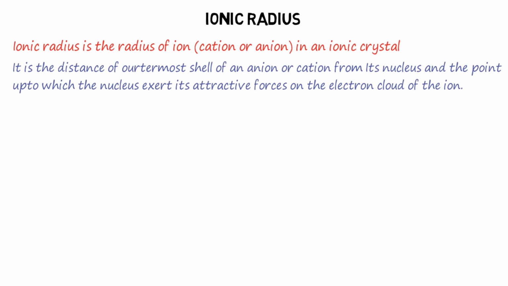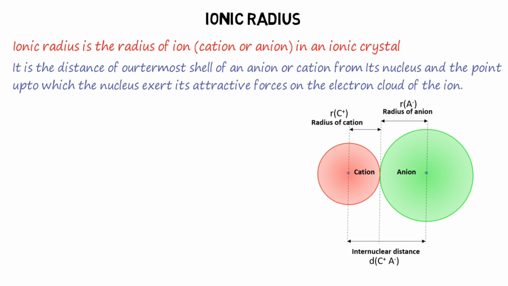If we assume that ions in an ionic crystal are hard spheres, then the internuclear distance between the nuclei of the cation and anion is equal to the sum of the radius of cation and that of anion. That is, dCA is equal to radius of cation plus radius of anion.